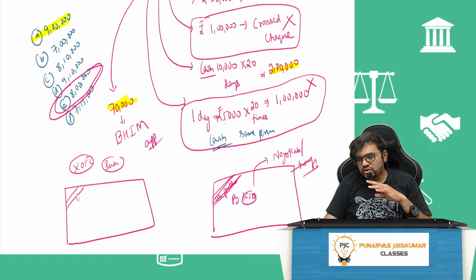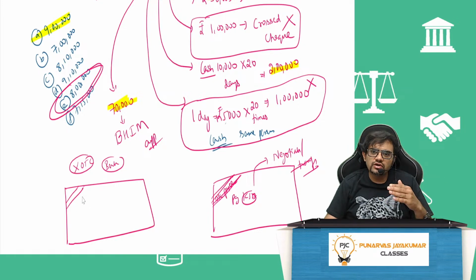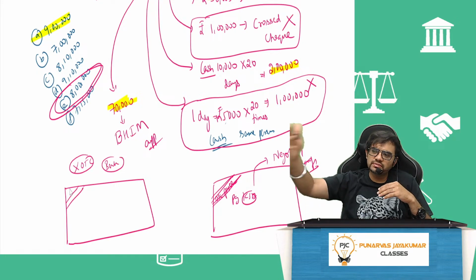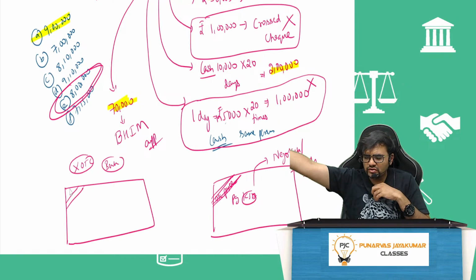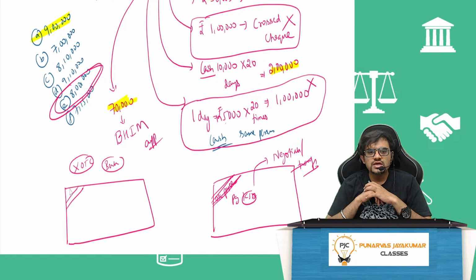If it is a simple cross check, it will go into the account of the other person, but that can be negotiated further. I will give it to your account, you will transfer to somebody, that somebody to somebody, that somebody to somebody, and the final fellow can take cash out and give it to me. But if it's an account payee check, it cannot be negotiated further. That's why the lawmaker only says account payee check, not any other check.